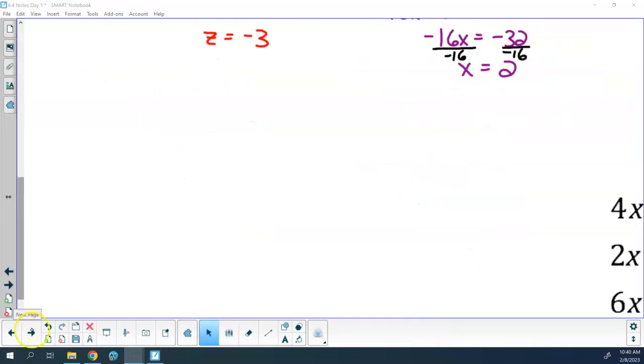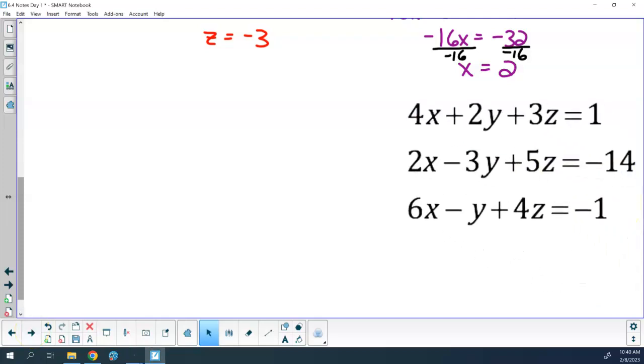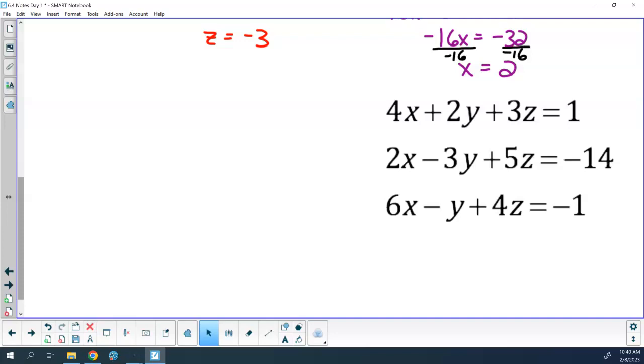Okay. So probably going to plug it into this last one here then. So let's go with 6 times x minus y plus 4 times z equaling -1.